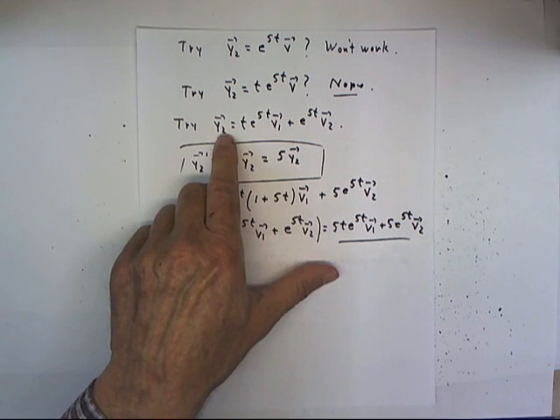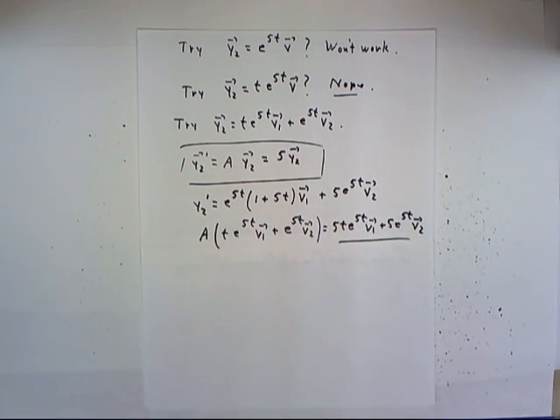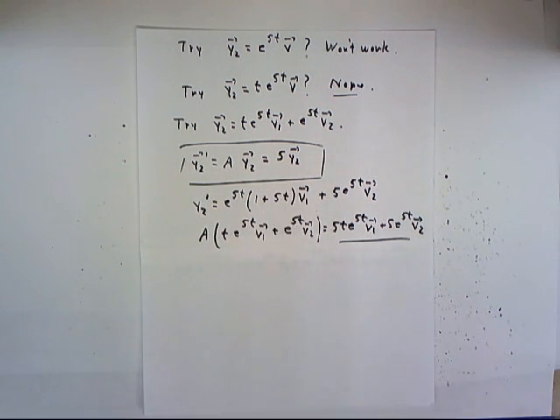Okay, so if y2 is this, we found that y2 prime is this expression, and of course that should equal A y2, which should then equal A times the y2 vector.